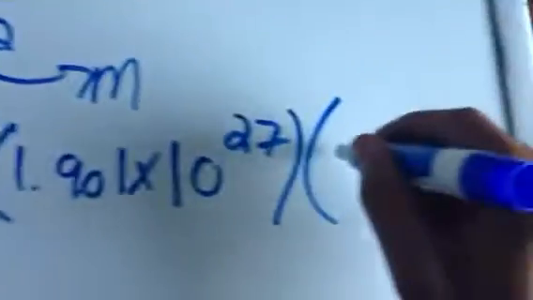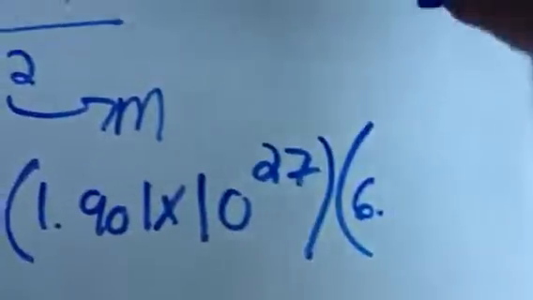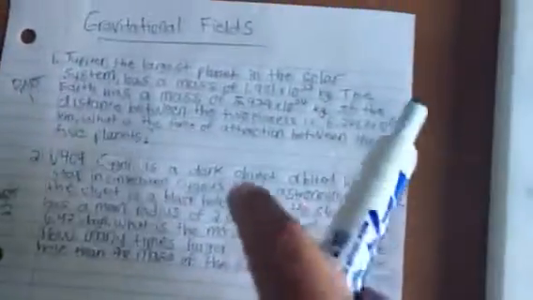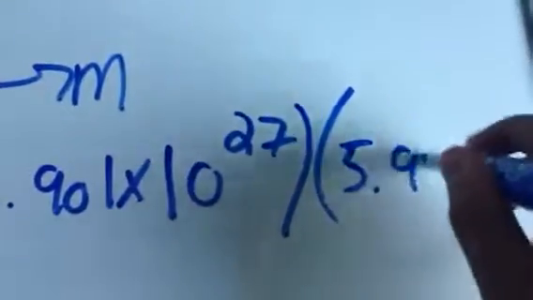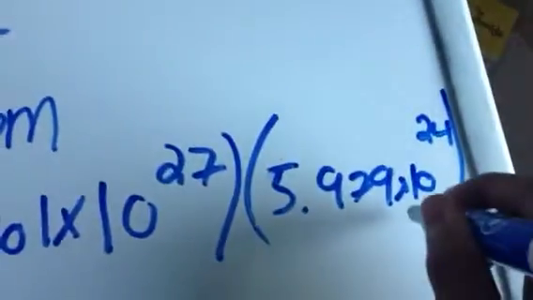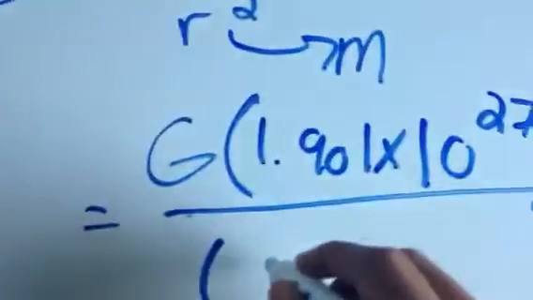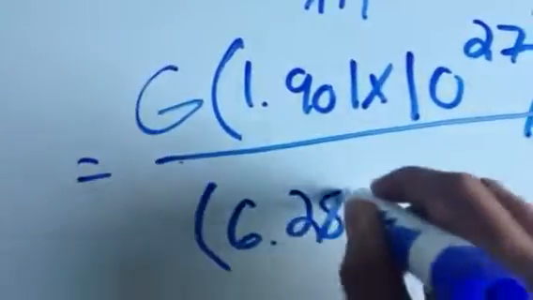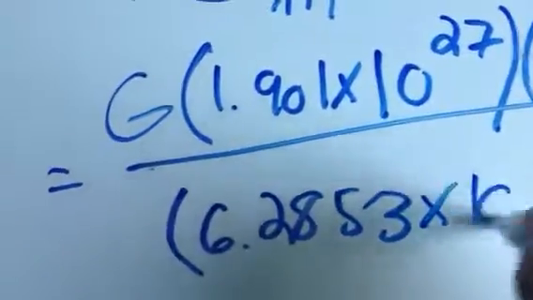And then we have the distance between the two objects. We have to find Earth's mass, which is right there, 5.979 times 10 to the 24th. And this is all over 6.2853 times 10 to the 8th.